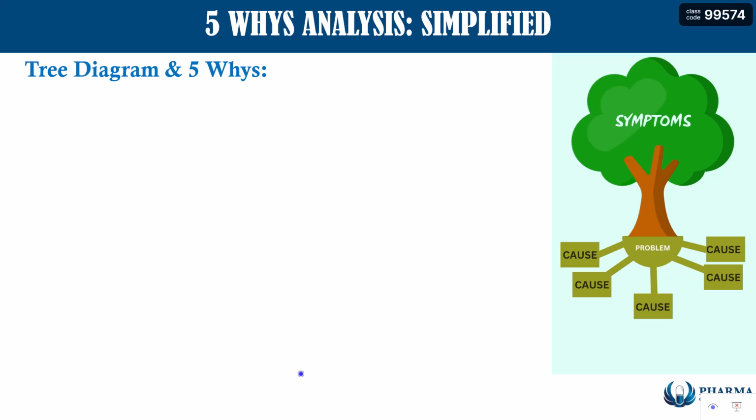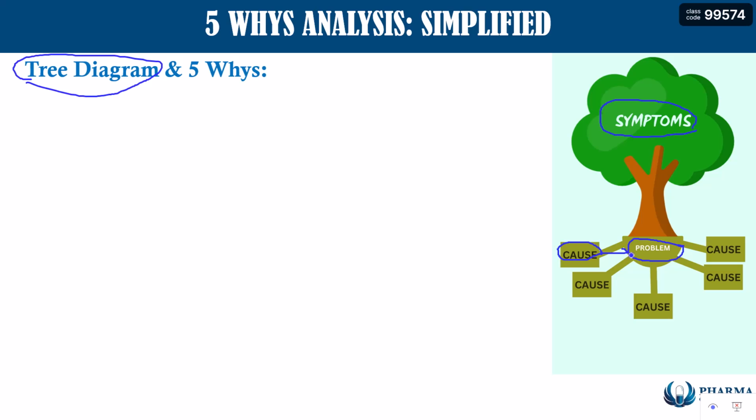This is a very interesting diagram according to me, and this is a tree diagram. So what is the tree diagram all about? You can see the picture on the right side of the screen. There is a problem statement over here, and you can see the symptoms in the form of the leaves or the branches of the tree, and these are the various possible causes for a given problem.